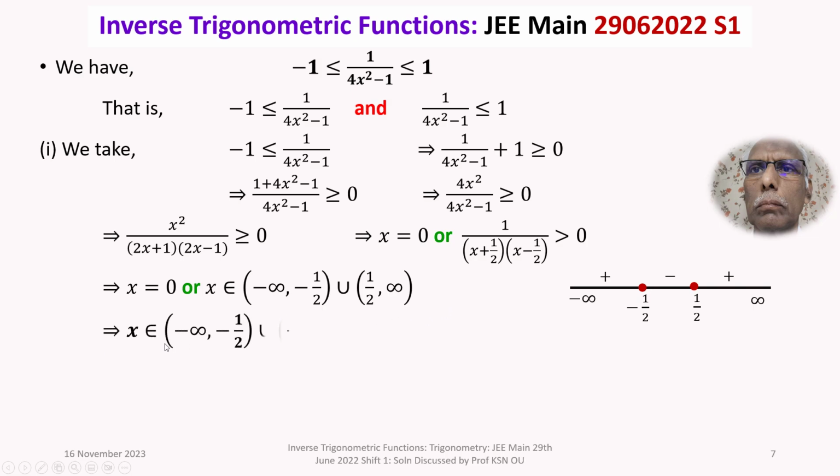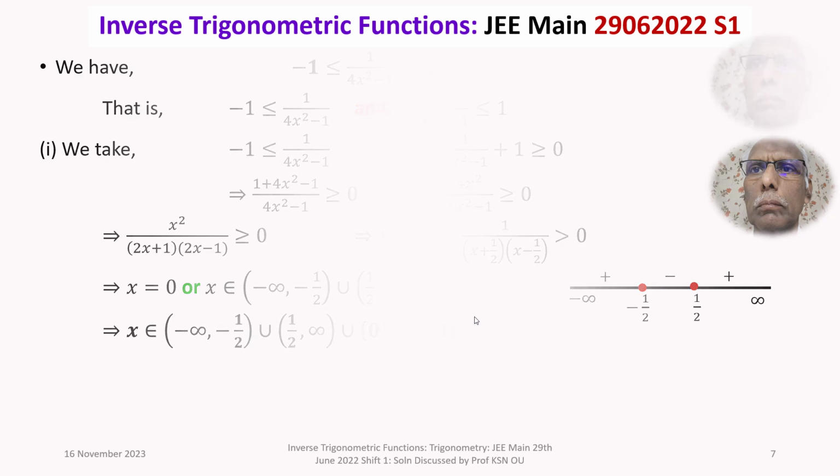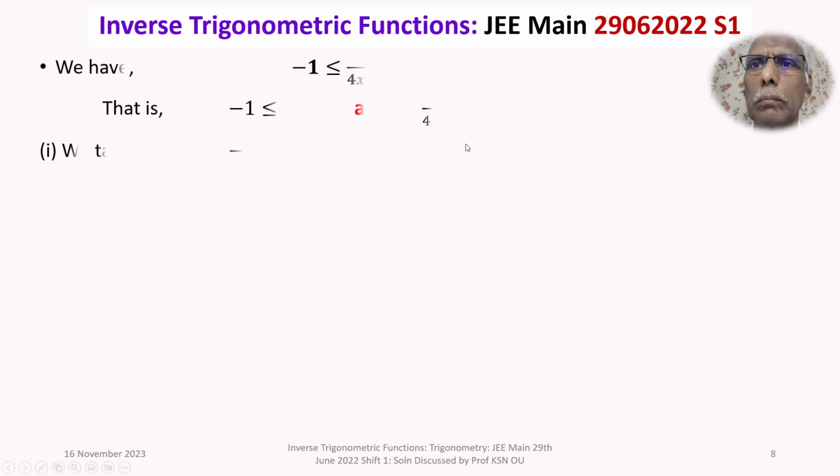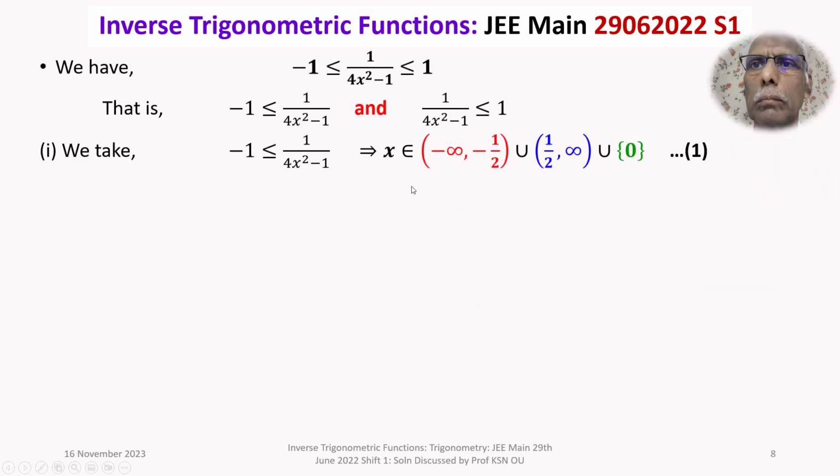That is x belongs to the open interval minus infinity to minus 1 by 2 union the open interval 1 by 2 to infinity union the singleton set 0, because of x is equal to 0. So call this relation 1. Agreed. We go to the second branch. So that's what we have done so far. Agreed. Now take the second branch.